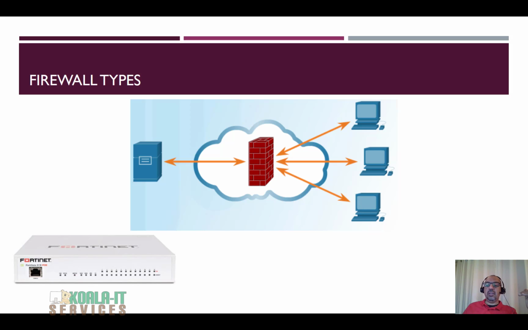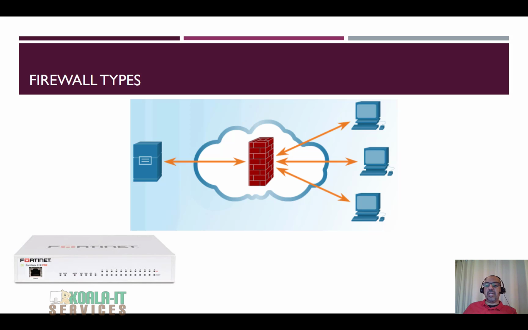Application layer firewall, filtering based on application, program, or service. Context-aware application firewall, filtering based on the user, device, role, application type, and threat profile. We have also proxy server, filtering of web content requests like URL, domain, media, etc.